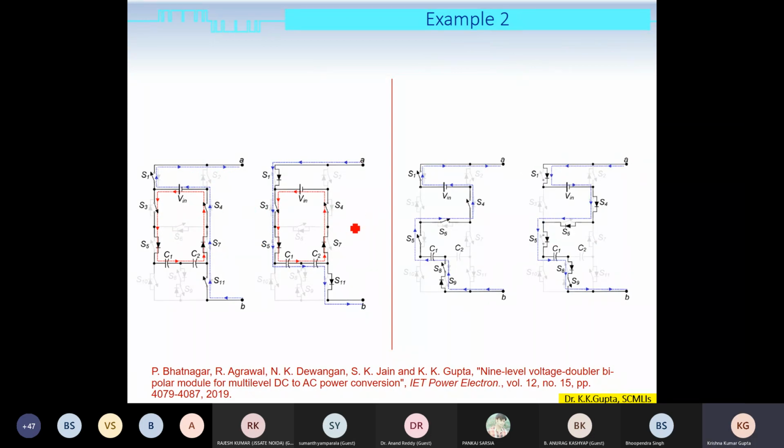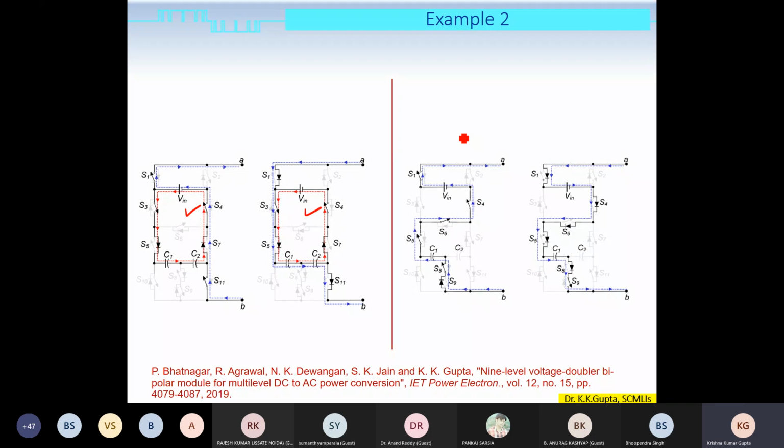If we analyze in a similar fashion, we'll see a number of states. Here you are able to see the red colored path, which basically shows that both the capacitors are getting charged. Now in this state, you see that the capacitors are not getting charged, they are only in the discharge states.